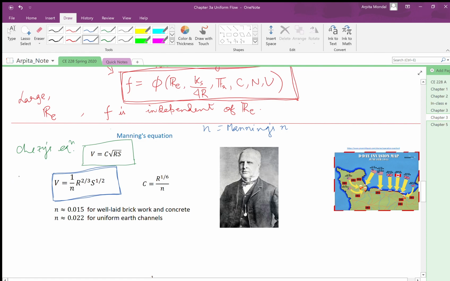So this is the very famous Manning's equation.